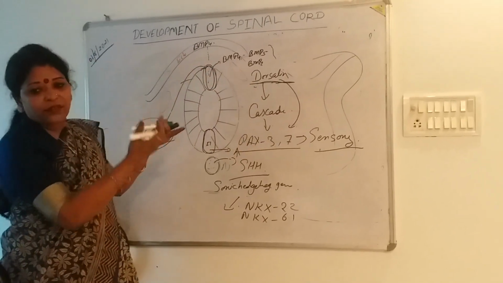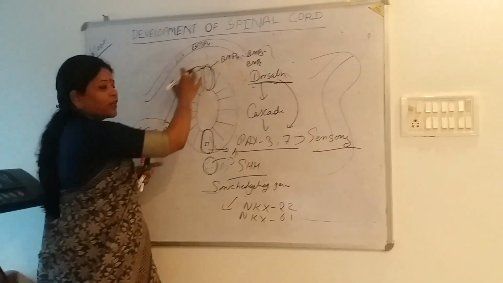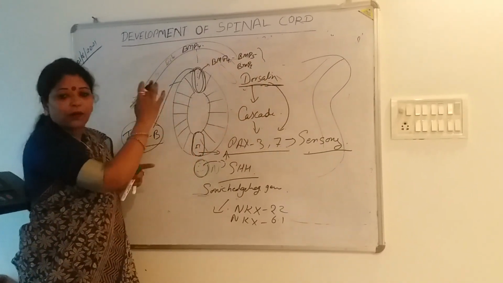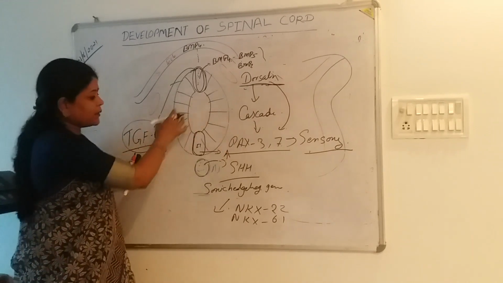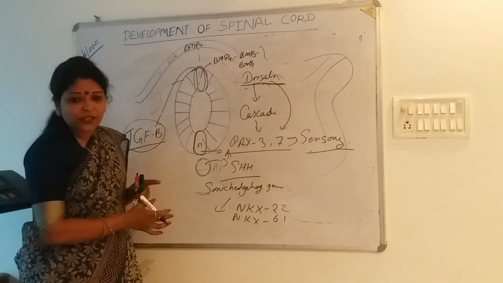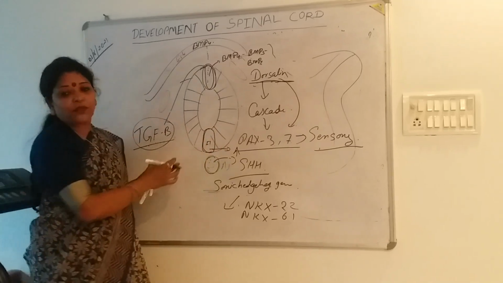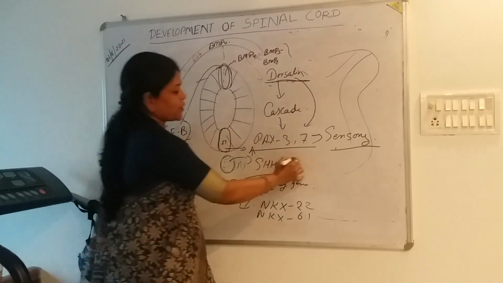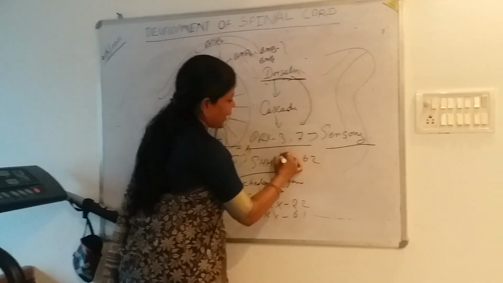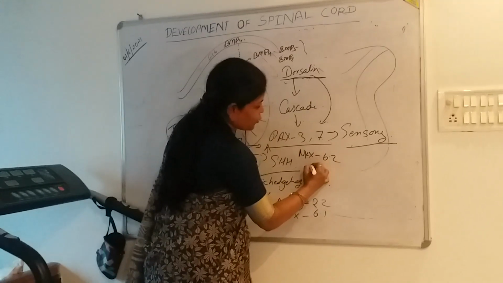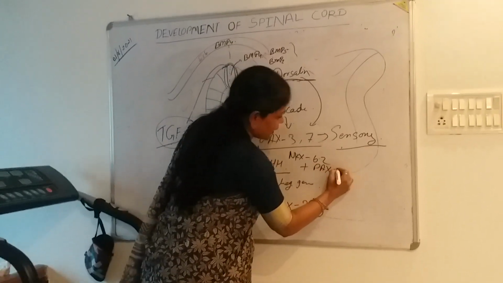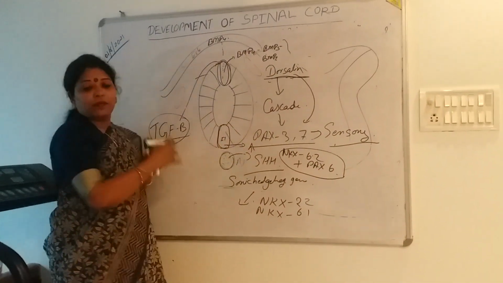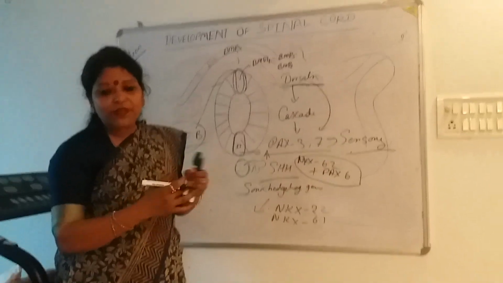Where the concentration of TGF is highest, that will form the sensory neurons on the dorsal aspect of the neural tube. Under the influence of the sonic hedgehog gene, on the ventral side of the neural tube there will be formation of motor neurons, and NKX6.2 plus PAX6 will decide that the ventral motor neurons will differentiate.